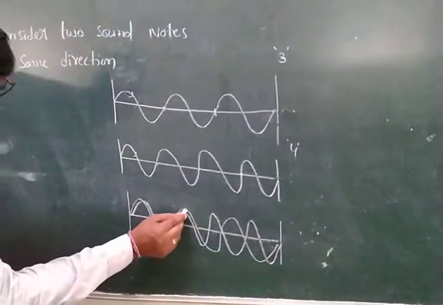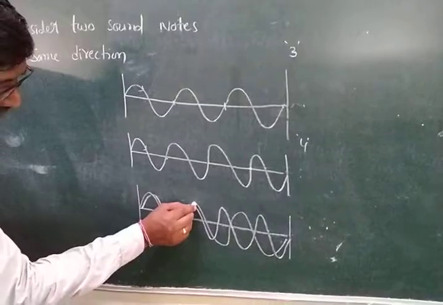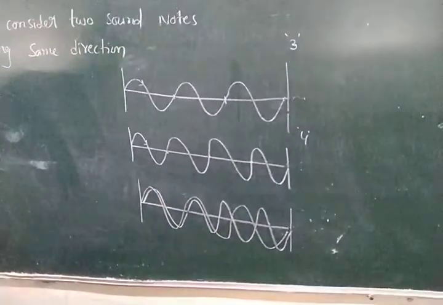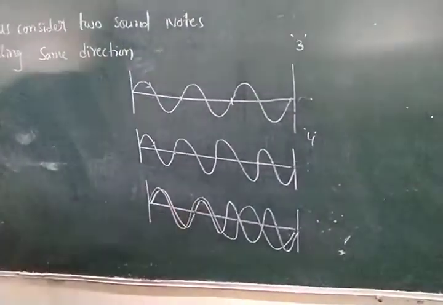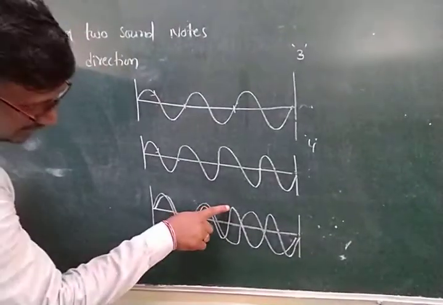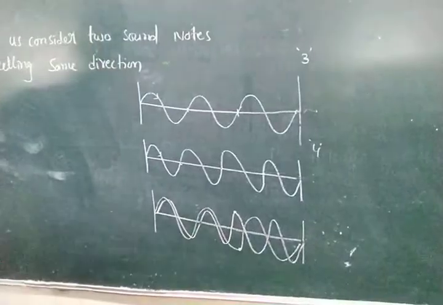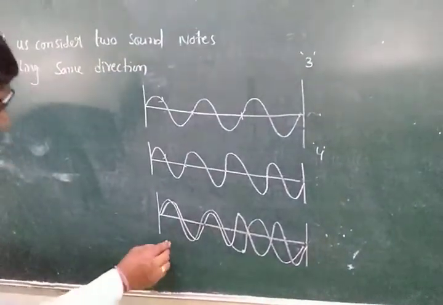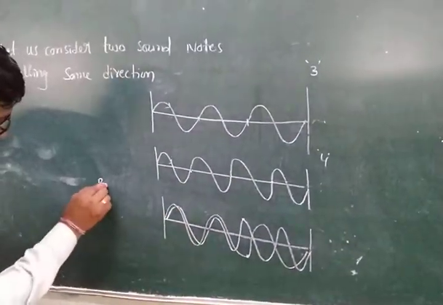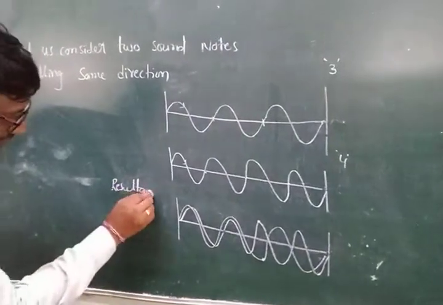When the crests of both sound waves intersect, that will be the maximum displacement. When a crest is over a trough, it's a minimum displacement. We can also say this is the resultant wave.